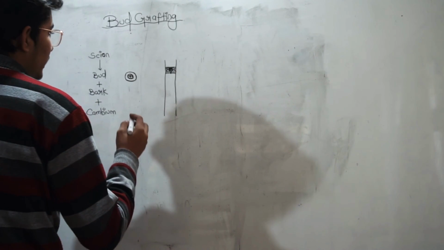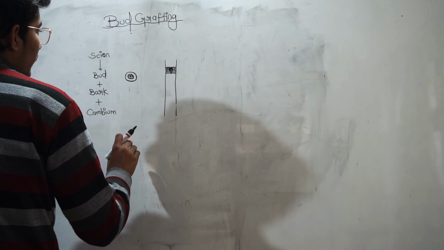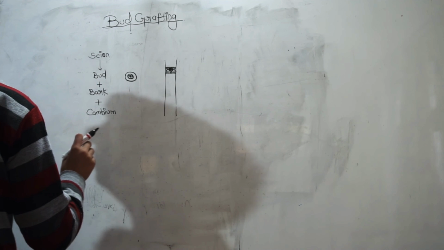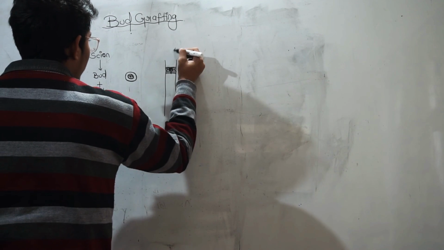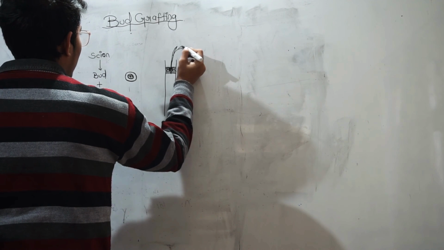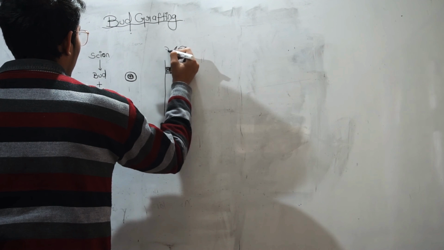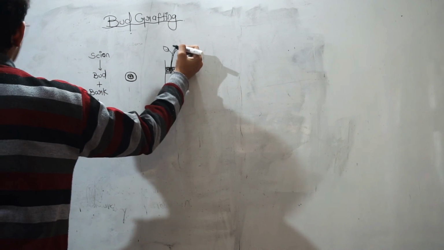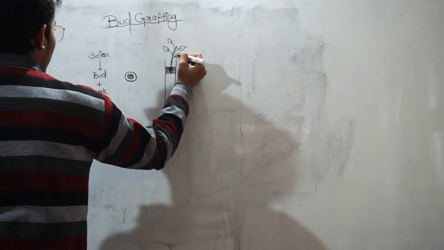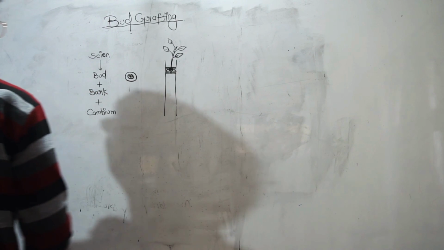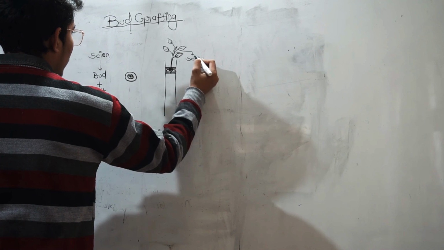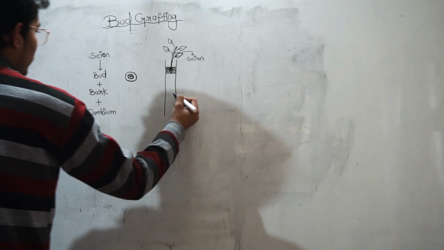So after the taping and pressing, this bud gets the food and water supply, and after getting it, it will sprout and form a shoot system. So this is the scion part, and this is a stalk.